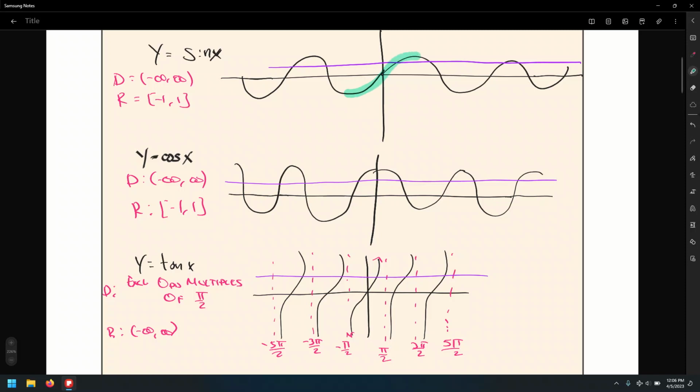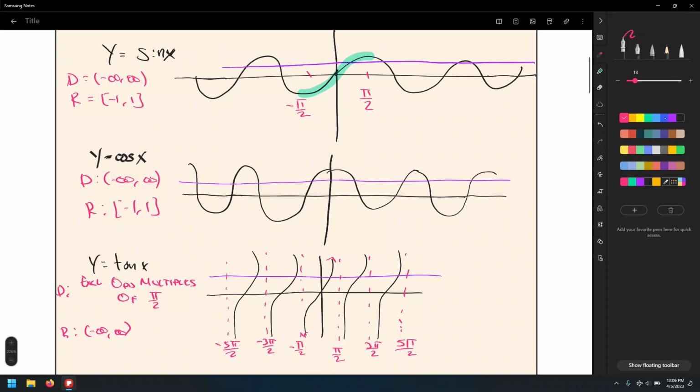If we restrict the domain of the sine function to only negative pi over 2 to pi over 2, try the horizontal line test again. Do you see how this time it passes the horizontal line test? Only within this window in green, not for the entire graph.